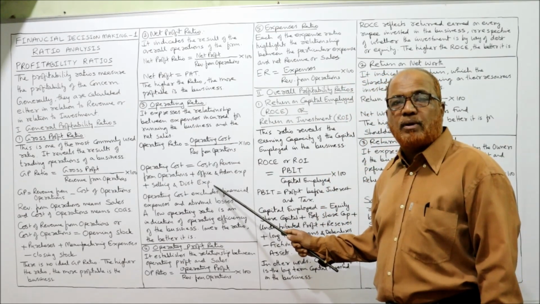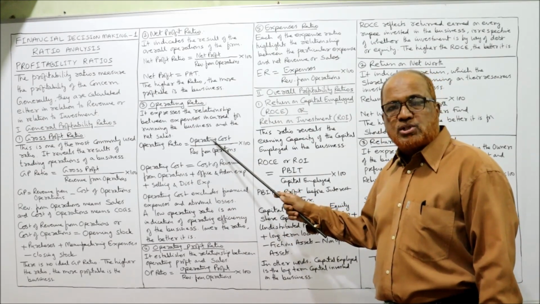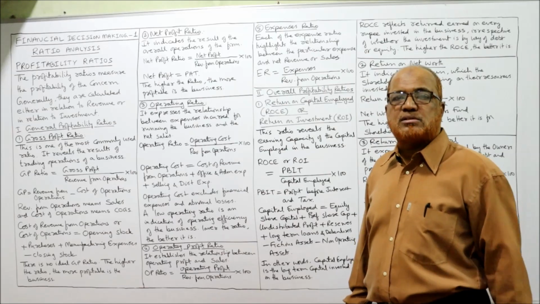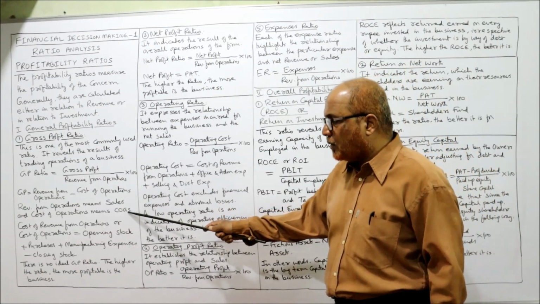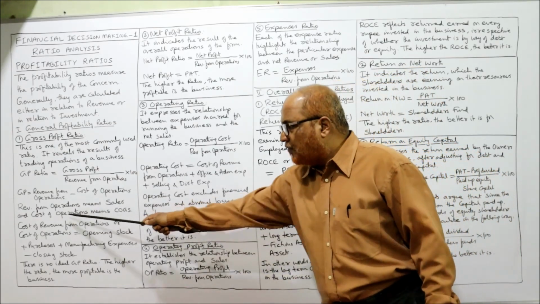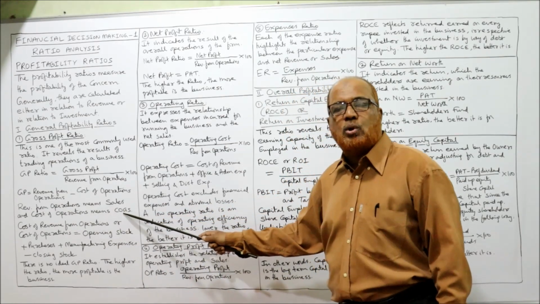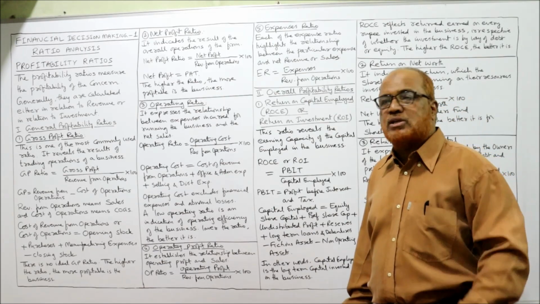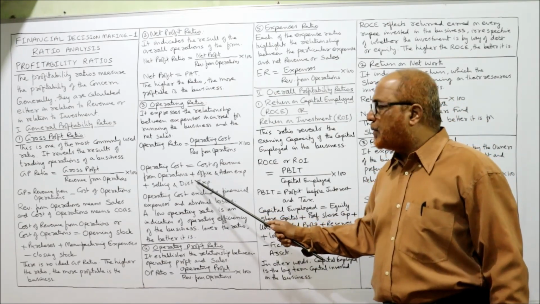So remember the formula. Operating cost is equal to cost of revenue from operations, in simple words cost of goods sold, plus administration expenses plus selling and distribution expenses. This will give you operating cost.